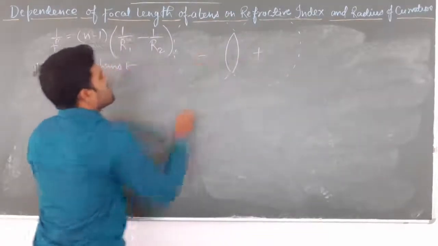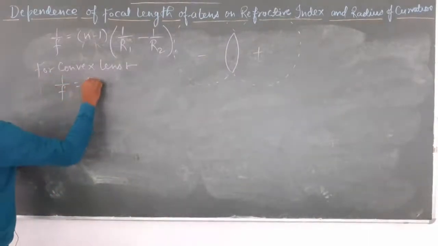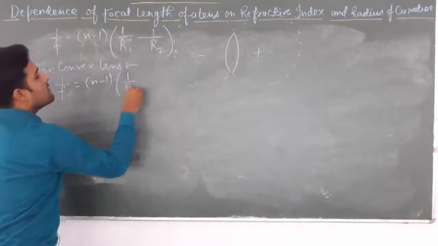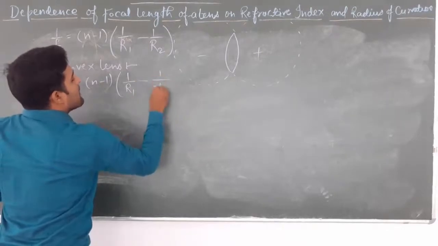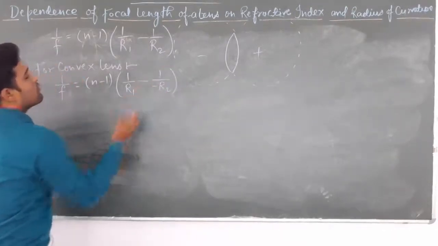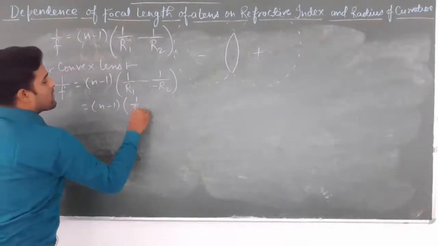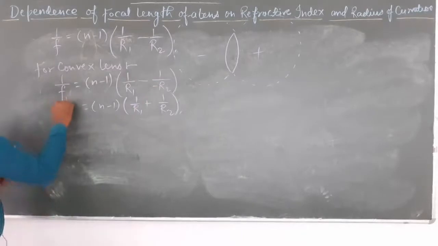So this is taken positive and this is negative. So 1 by f is equal to (n minus 1) times (1 upon R1, minus 1 upon negative R2). So minus minus will become plus. So (n minus 1) times (1 by R1 plus 1 upon R2). This is the first case.